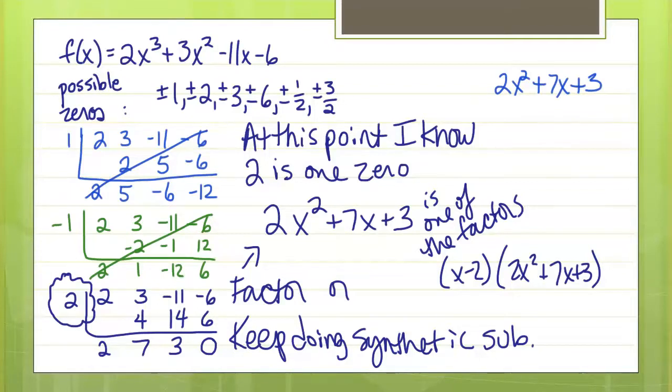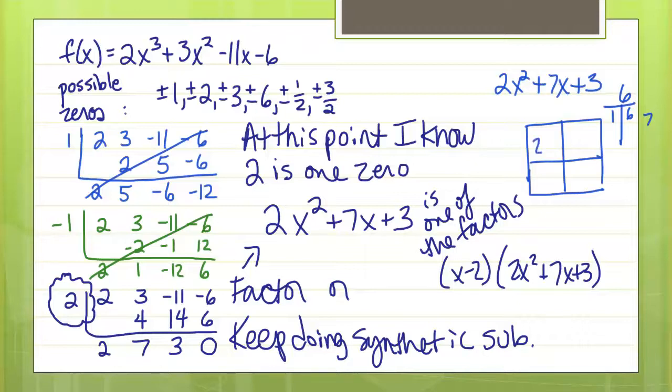Things that multiply and give me positive 6 and add up to positive 7. All right, it's going to be 1 and 6. Nice and easy, both positive, everything's positive. 2x squared, positive 3, positive x, positive 6x, positive 3x, 2x, positive 1.